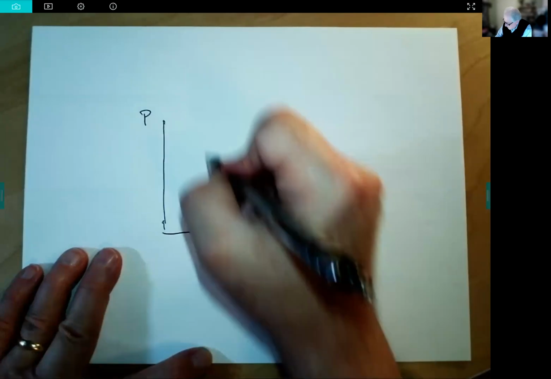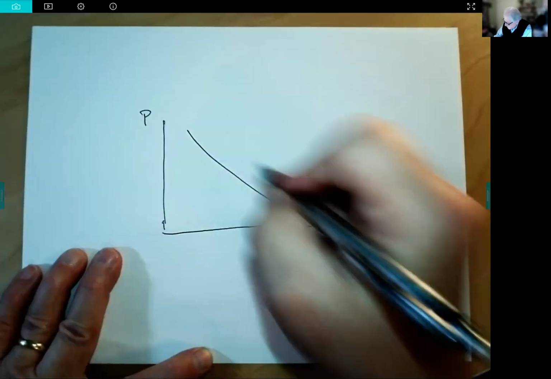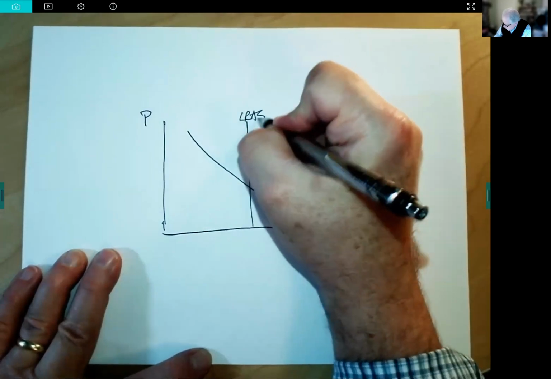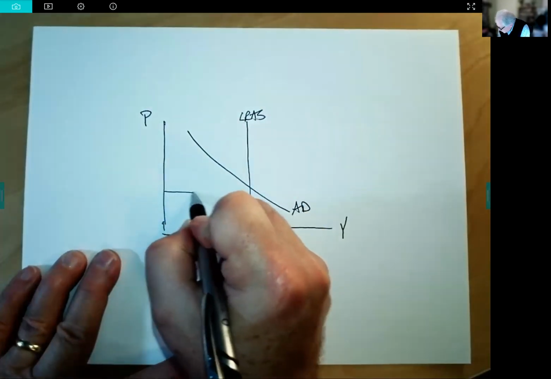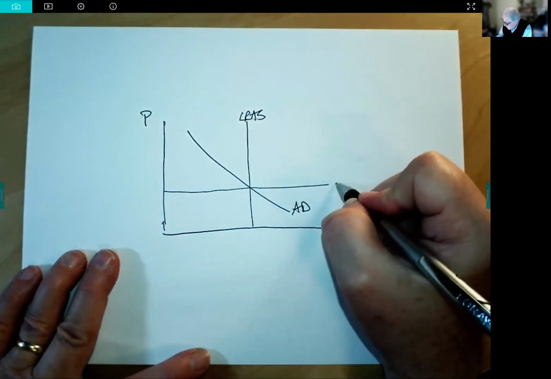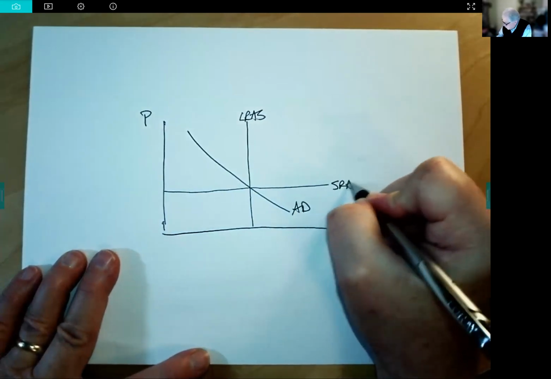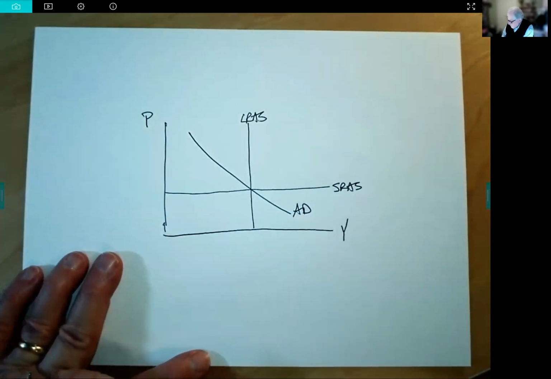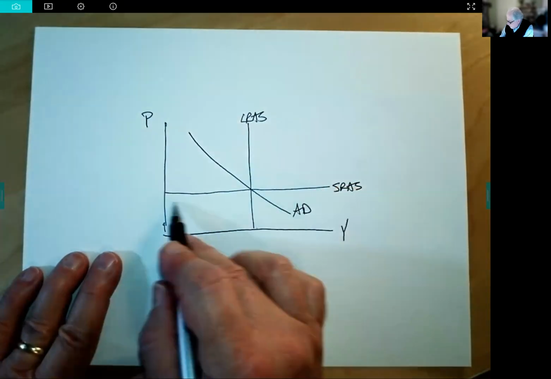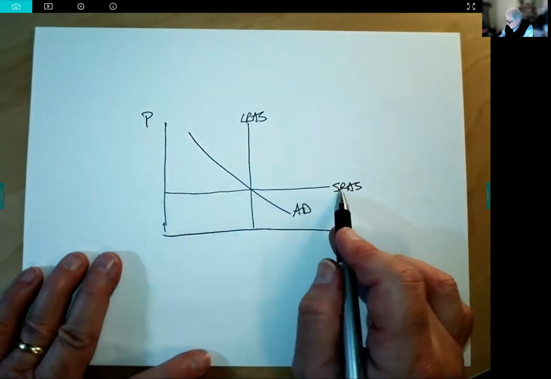Here's real GDP, aggregate demand, long run aggregate supply, and short run aggregate supply the way we've seen it. In one case, we essentially have a vertical aggregate supply curve, the classical model. In the Keynesian case, we have a horizontal short run aggregate supply curve.